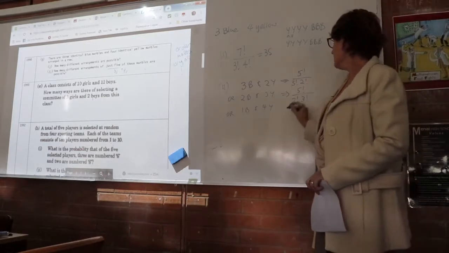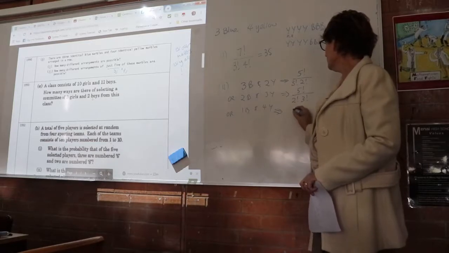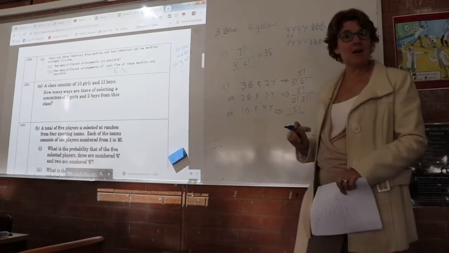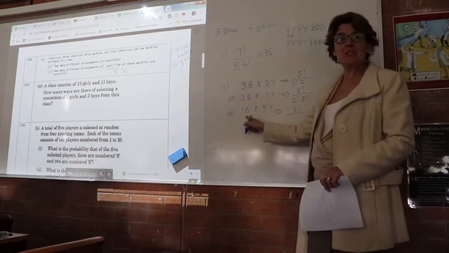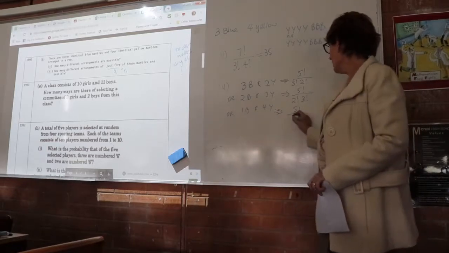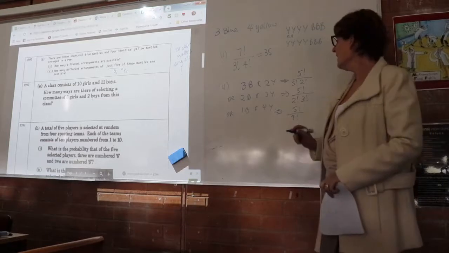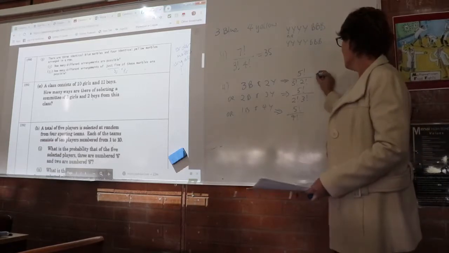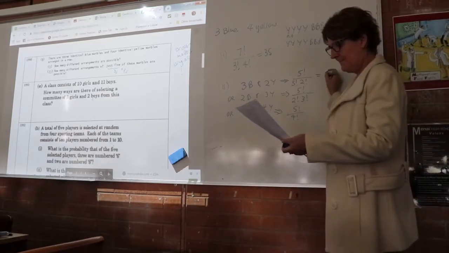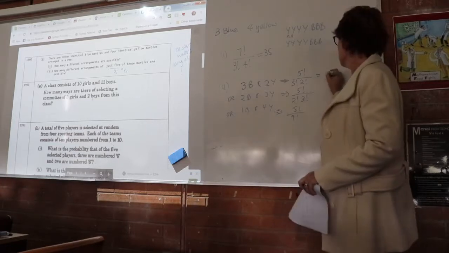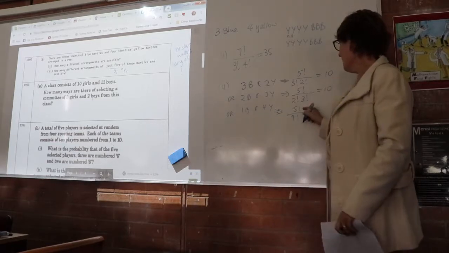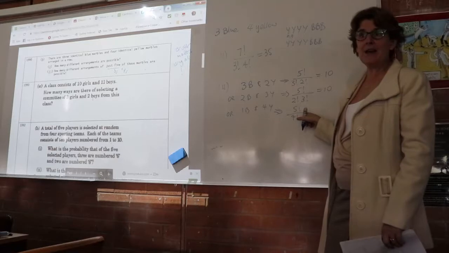And if I do this one, I've still got 5 marbles that I'm using. There's no repetitions on the blue, but I've got 4 repetitions on the yellow. Now if I do this one here, I get 10 from memory. So therefore that's also 10. But you guys should be able to work that one out without a calculator.